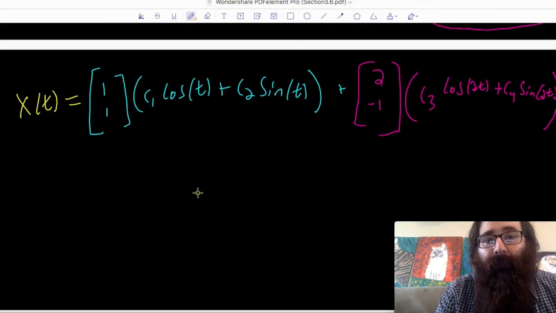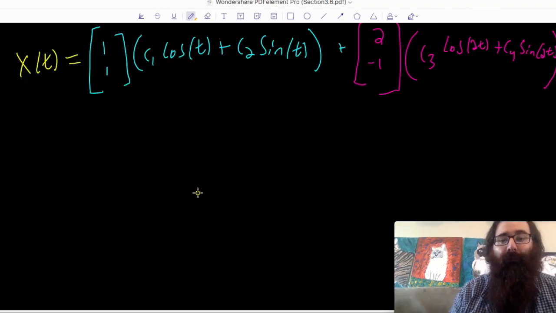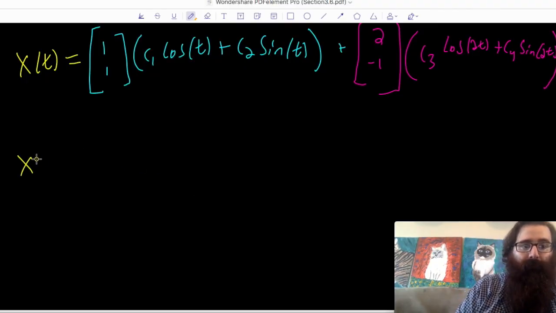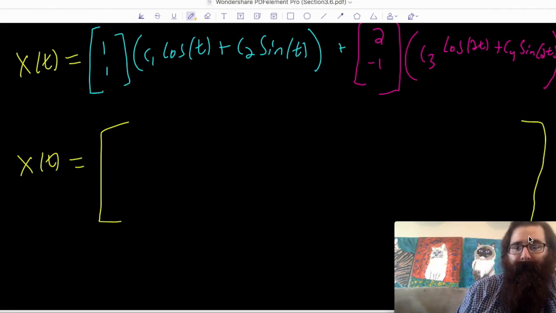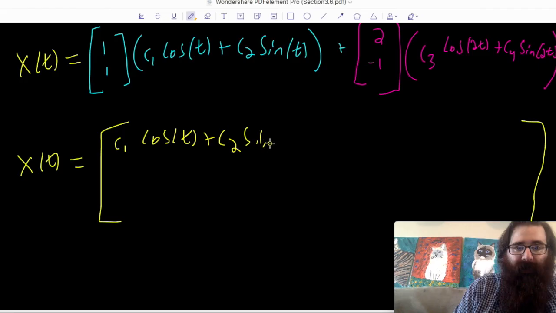Now what we want to do from here is we want to build this into a full vector, for example, and then extract the separate pieces. So if I look at these upper values, here I'm multiplying 1 in, so that's c sub 1 cosine t plus c sub 2 sine t.